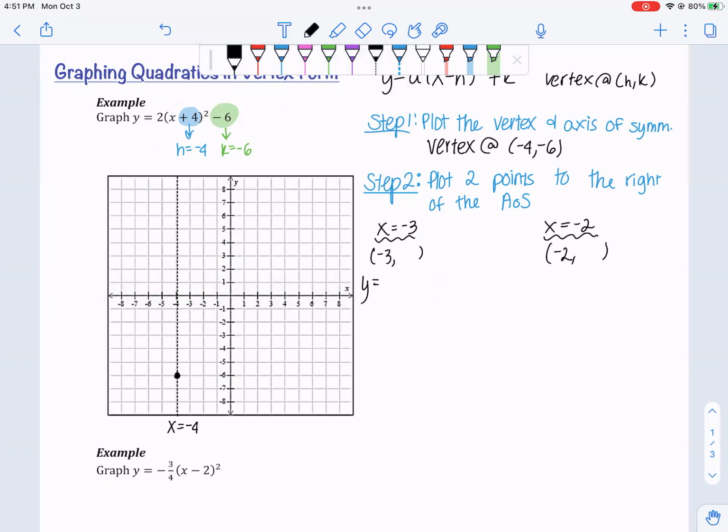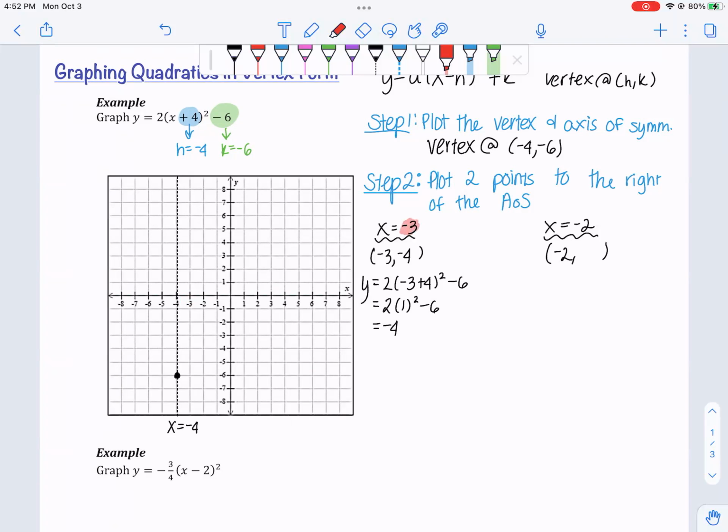For -3, plugging -3 into this equation, 2 times -3 plus 4 squared minus 6. That's going to be 2 times 1 squared minus 6. 2 minus 6 is -4. Okay, so this is the point -3, -4.